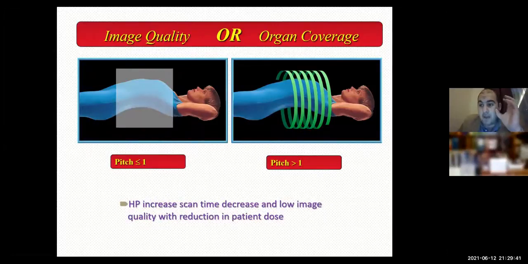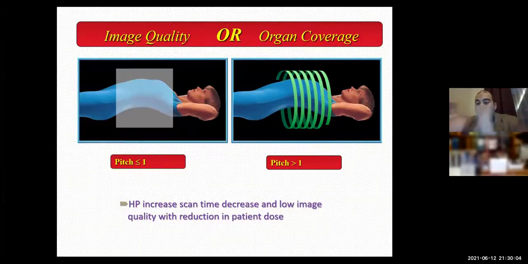So you have to select the proper pitch factor for the CT scan which you need. Okay, for CT chest, abdomen, pelvis, neck, abdomen triphasic or abdomen angiography, you need scan time to become less and reduce the exposure to the patient, and spatial resolution is not a significant factor in this case.